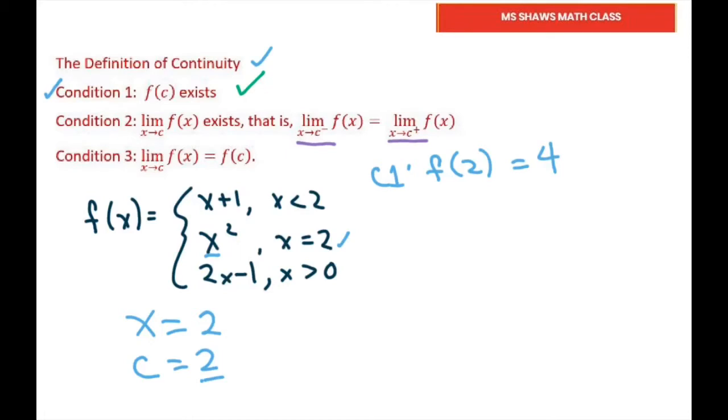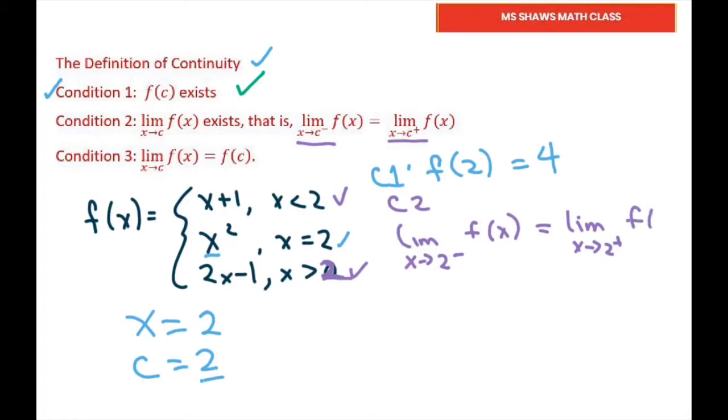For condition 2, I need to check if the limit as x approaches c, where c is 2, from the left, that means all numbers smaller than 2, equals the limit as x approaches 2 from the right. That means numbers bigger than 2.